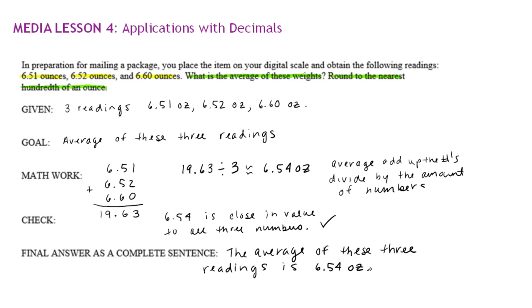Okay, and in general with application problems, it's nice to write your answer as a complete sentence so it makes sense. If you just said 6.54, if you didn't put the ounces, is it pounds? And here you're describing exactly what you found. So you're summarizing your problem solving with a complete sentence.